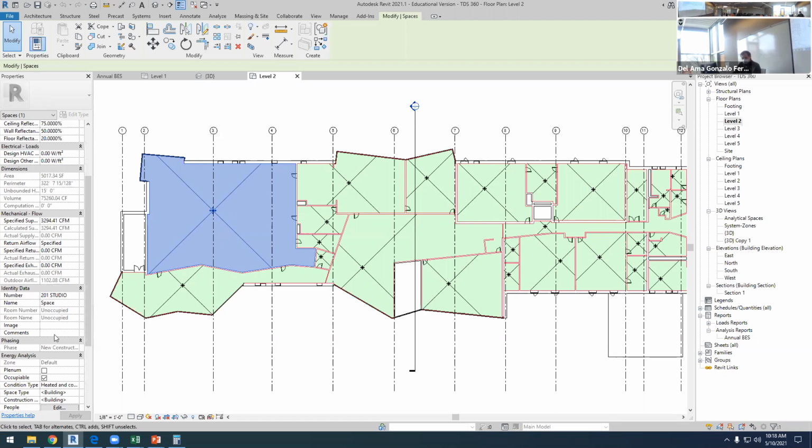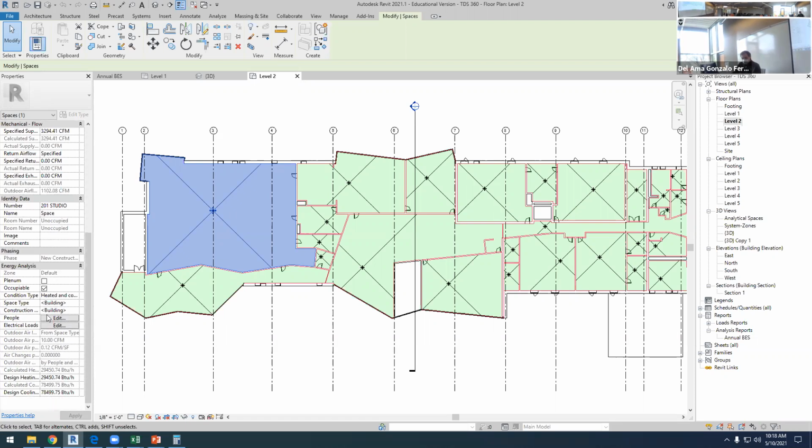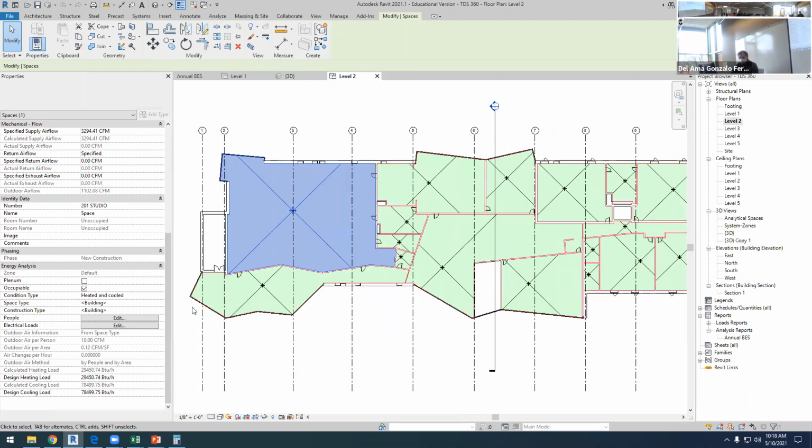We have to go to the energy analysis tab here on the properties window. Let's expand this. First, we have to click here because this is not a mechanical room or a locker room or a basement or an attic.